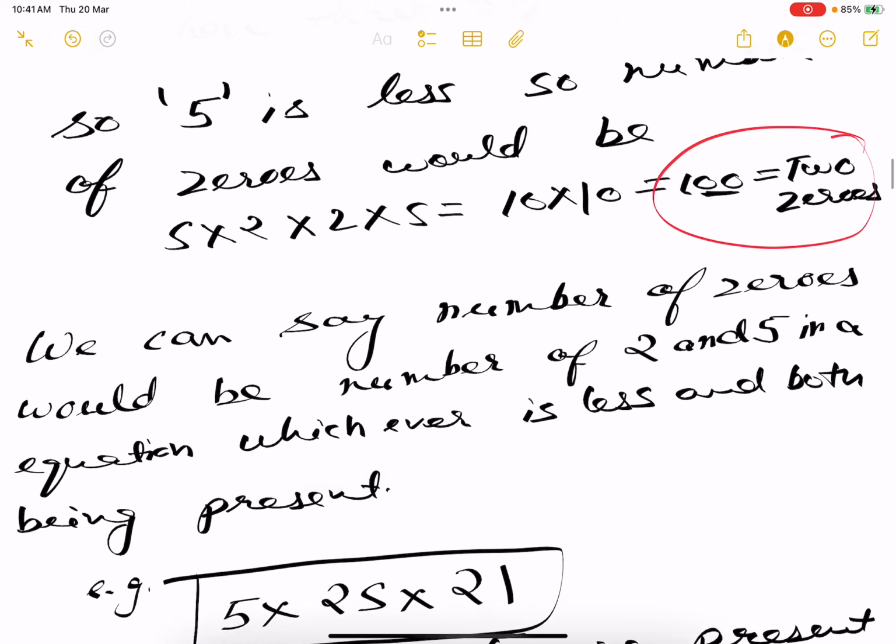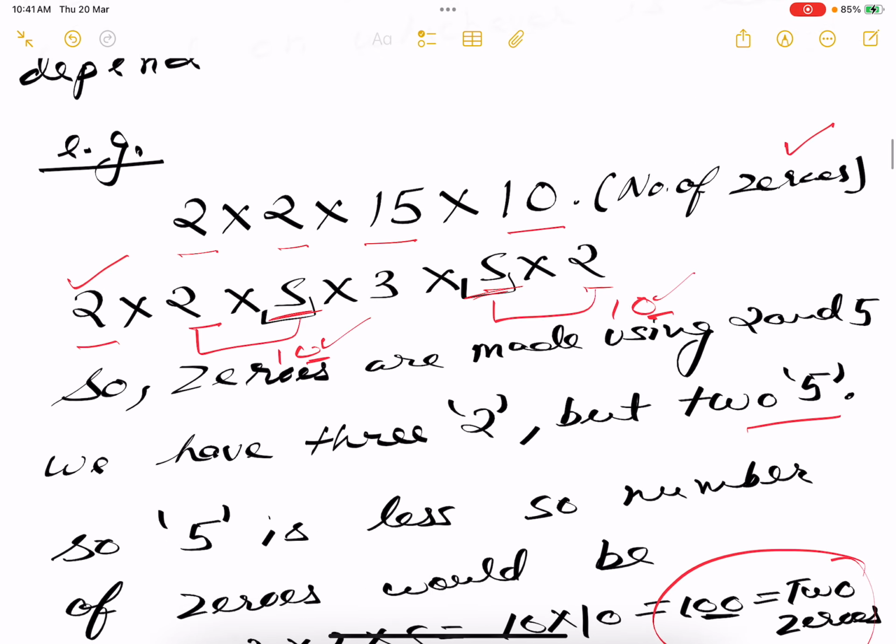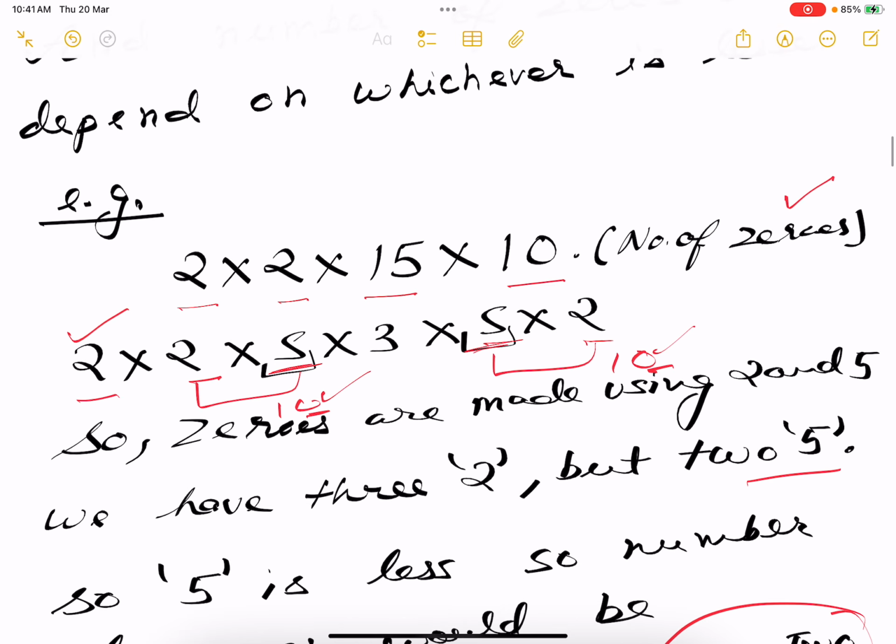Getting? Okay, इसको हम दोबारा से देख लेते हैं कि हमें 10 बनाने के लिए क्या चाहिए? 2 और 5. To make 10 we need 2 and 5. So if the number of 5s is less, then that much of 10 would be there, and if the number of 2s is less, then that much of 10 would be there.